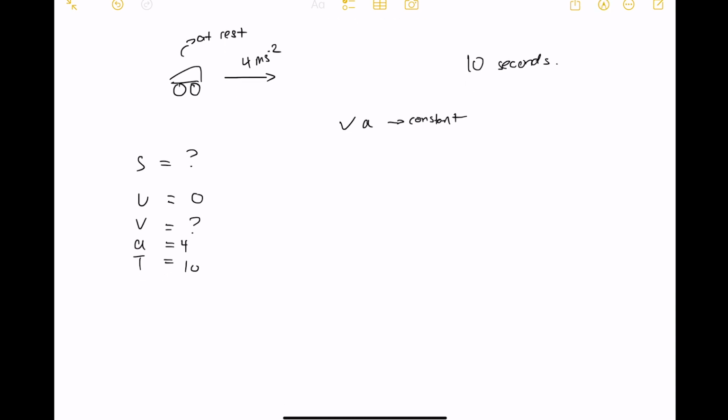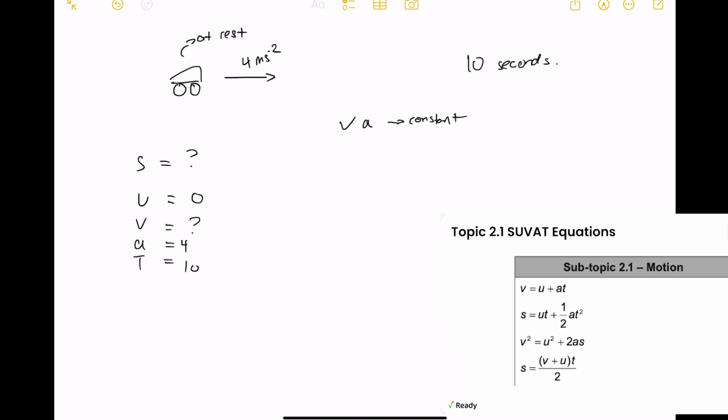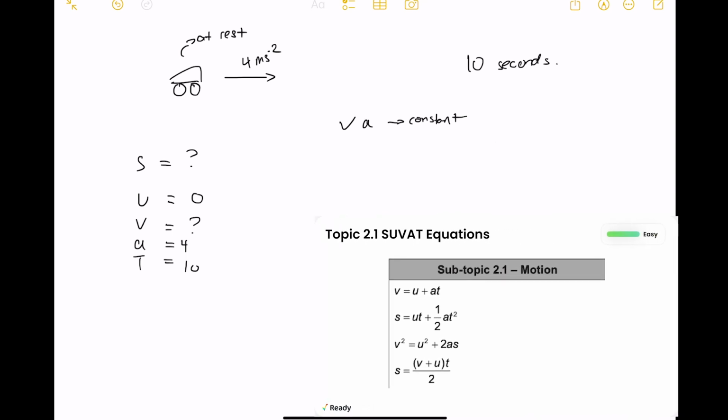Now we see that we have 2 missing variables and 3 variables that we know, and we have 4 equations to use. We are trying to look for S, which is distance or displacement, and we have the information about the initial velocity, acceleration, and the time.